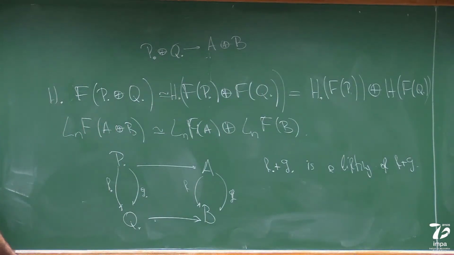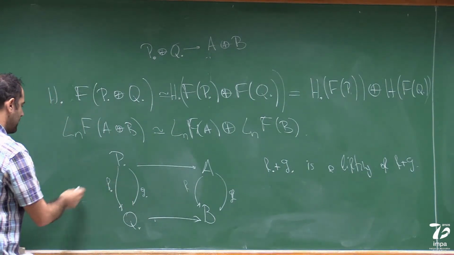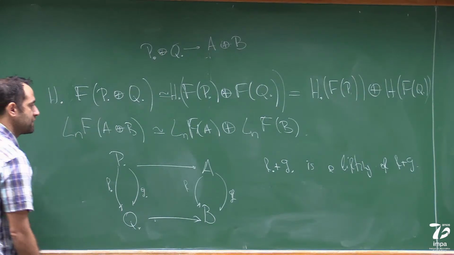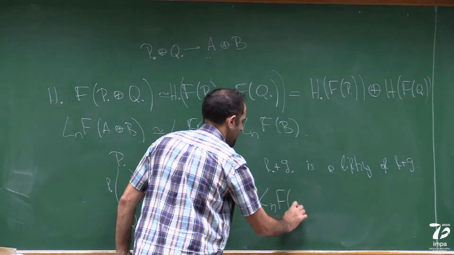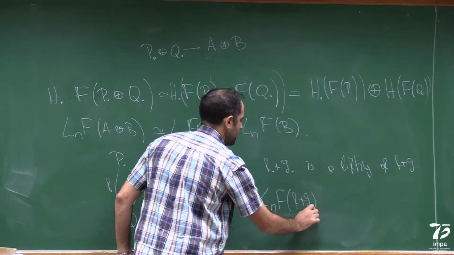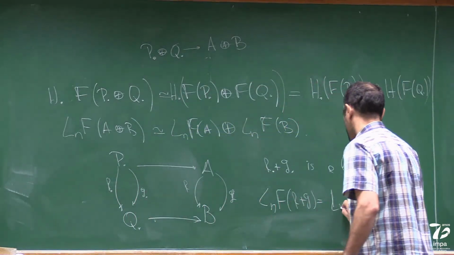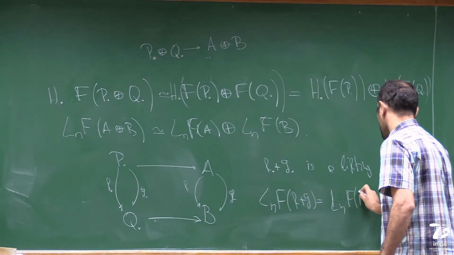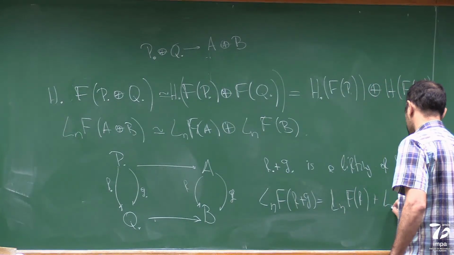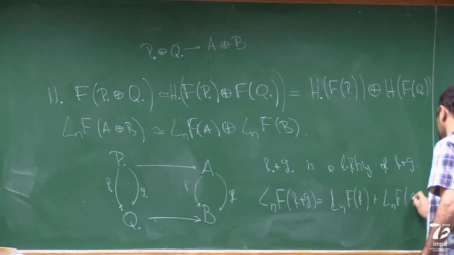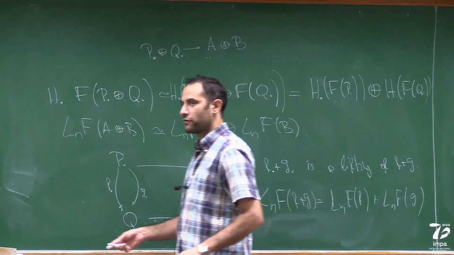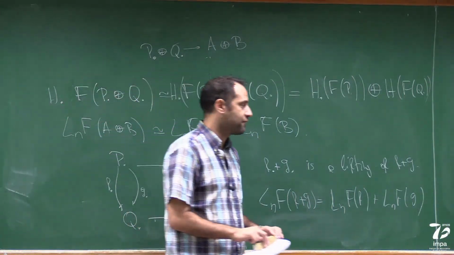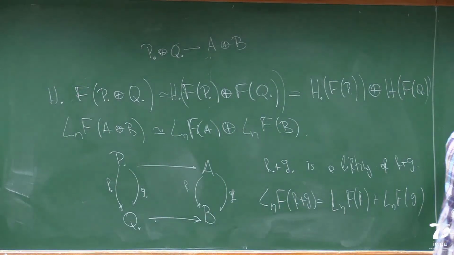So I'll just take the sum as a lifting of f plus g, and then by construction, L_n F of (f plus g) becomes L_n F of f plus L_n F of g. So the functor is additive. Okay, so we defined some additive functors, which are the derived functors of the right exact functor F.